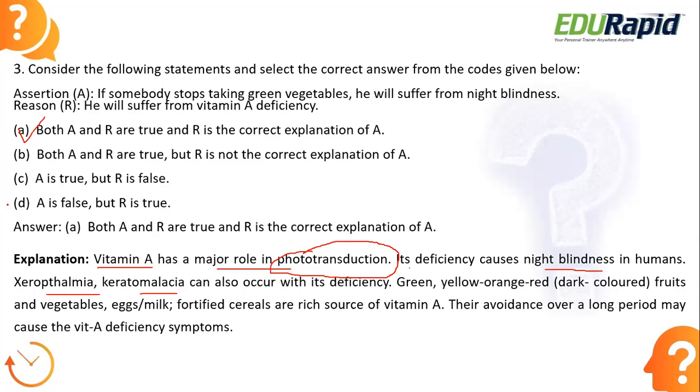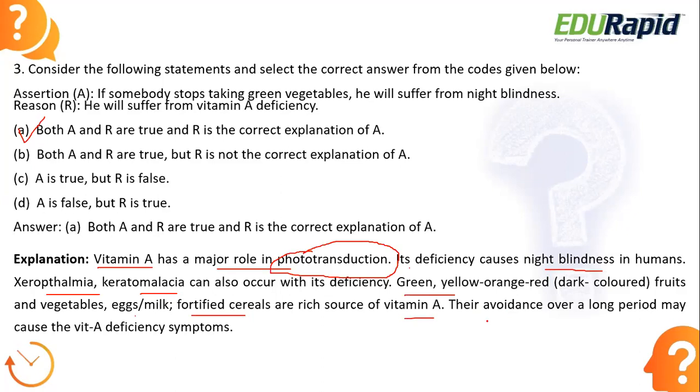So when we are looking at the source of vitamin A, how do we get it into our body? When we consume green or yellow or orangish red, dark colored fruits and vegetables specifically, and also egg or milk products and fortified cereals, all of these are food sources which are rich in vitamin A. So when we consume them, we will definitely get vitamin A so that we can prevent this deficiency disease called night blindness.